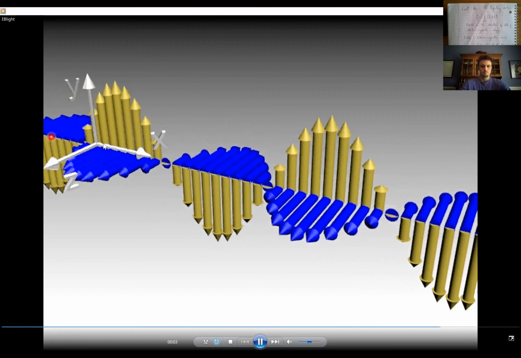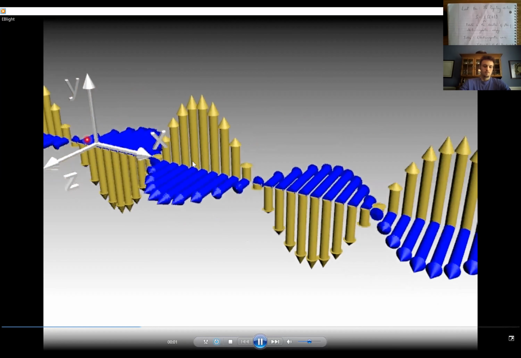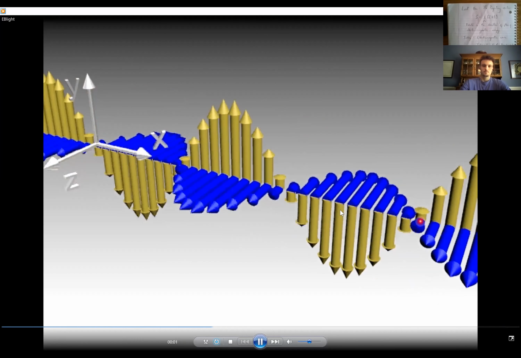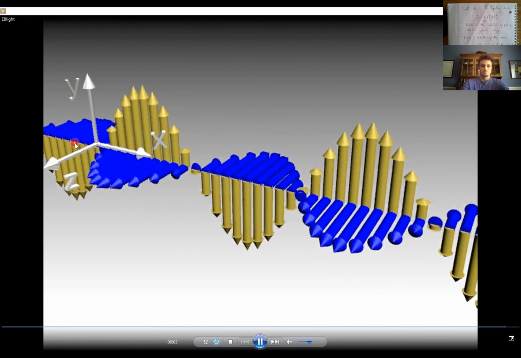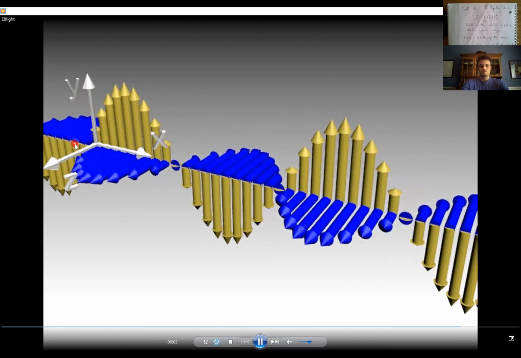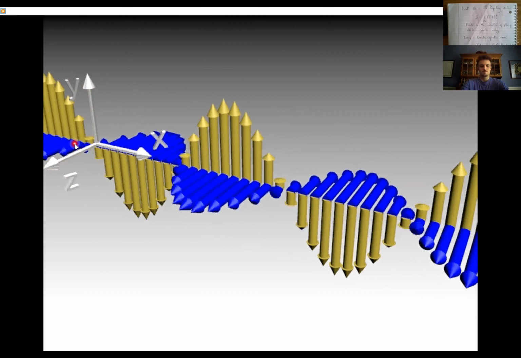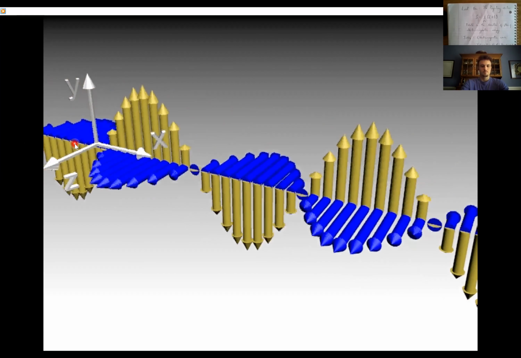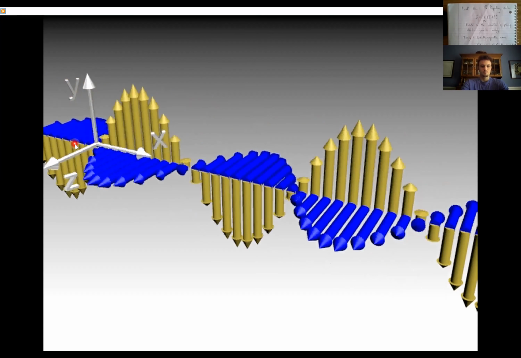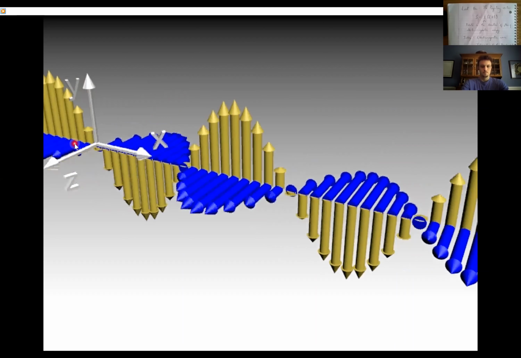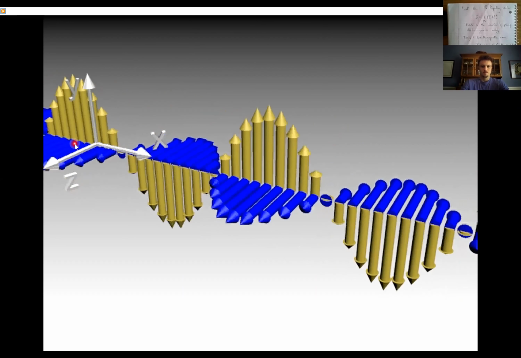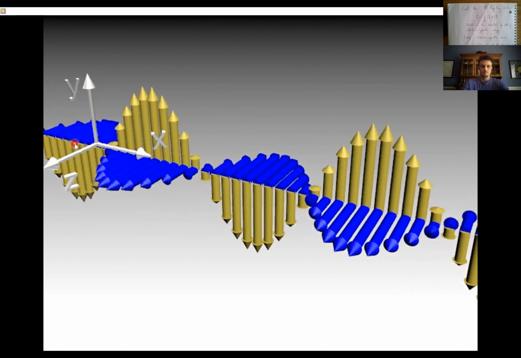Basically, we're looking at what is happening along the x-axis, for the electric and magnetic fields. We see that they vary with time, and different points will have different field strengths. Like a point in space? Yeah, different points in space.